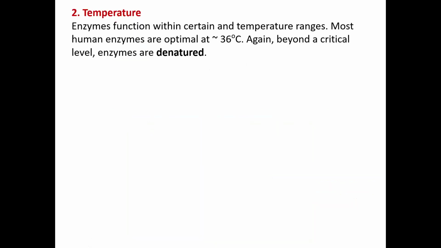Temperature also affects enzyme activity. Because they are proteinous in nature, enzymes function within a certain range of temperature. Most human enzymes have an optimal temperature around 36 degrees Celsius.